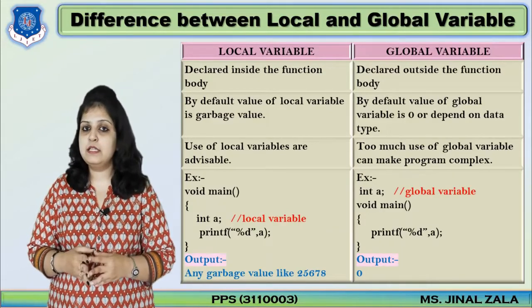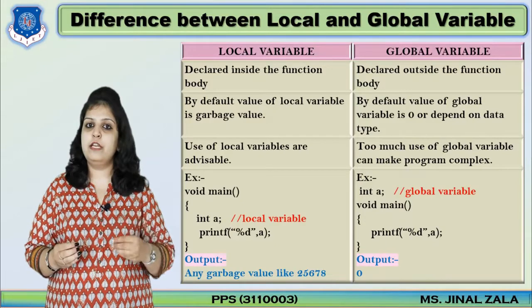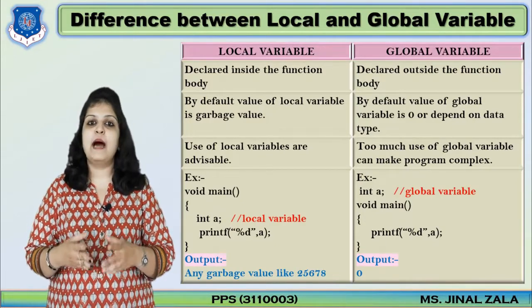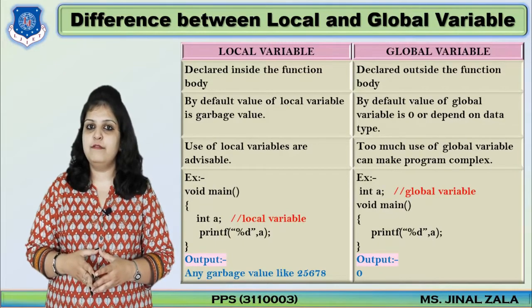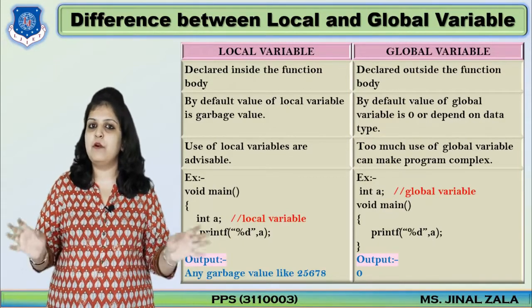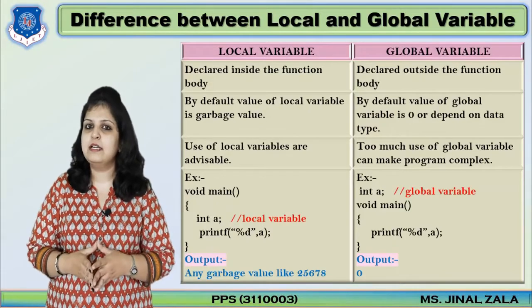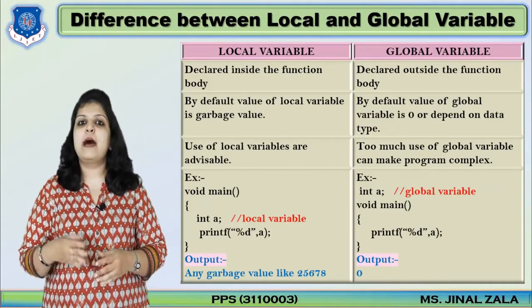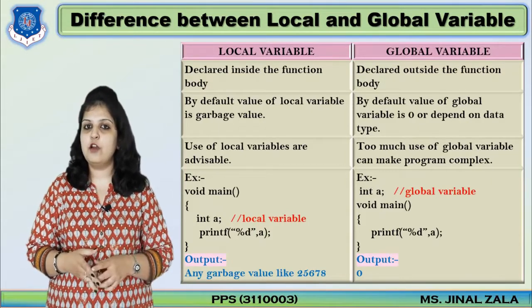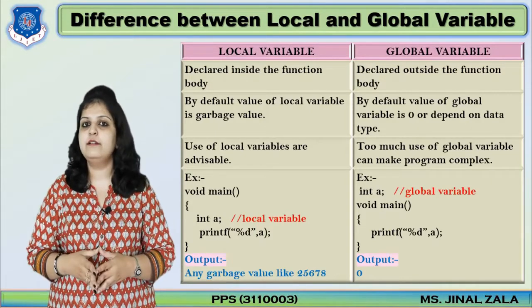Now the second difference: when we don't assign a value to a local variable, the default value of our local variable is a garbage value. It means it will print any type of value, that is called a garbage value. And the default value of our global variable is 0, or we can say it depends on the data type.